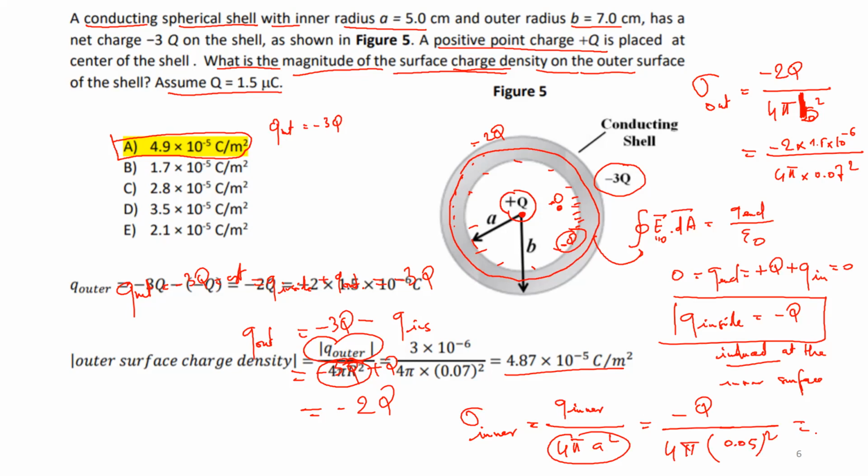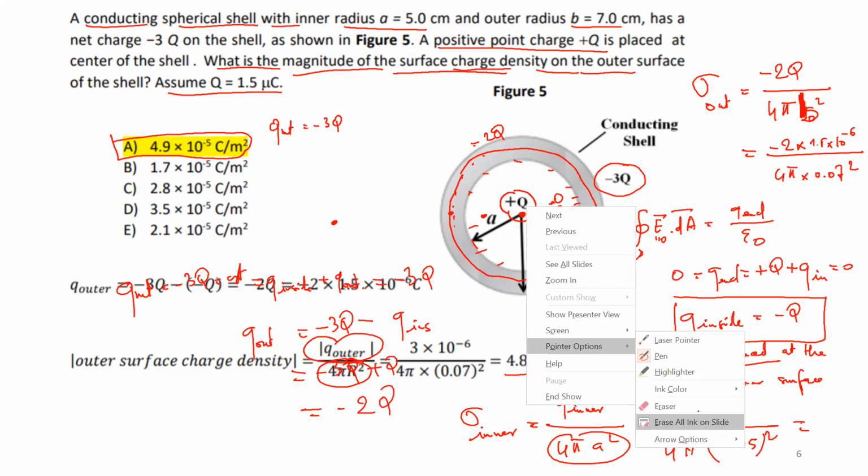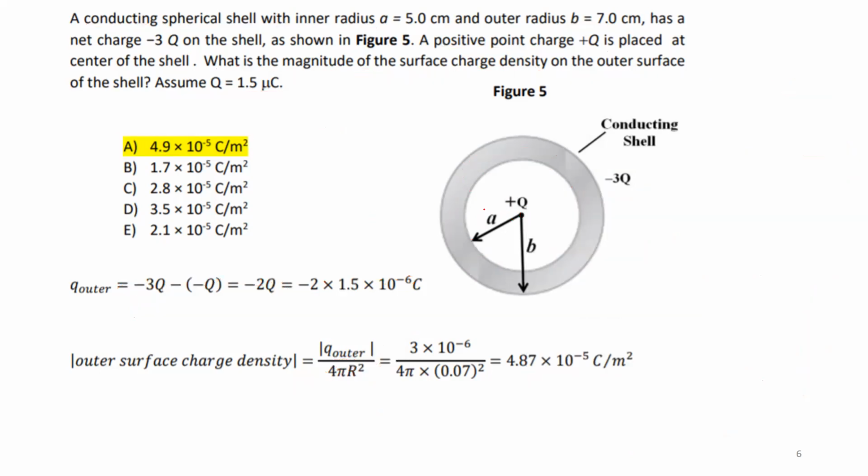Now, what will be the electric field? I tell you now, calculate the electric field outside, calculate the electric field inside the hollow sphere, and calculate the electric field here. Let me say that again. This is an extra question. Now the question is to calculate the electric field here and here.